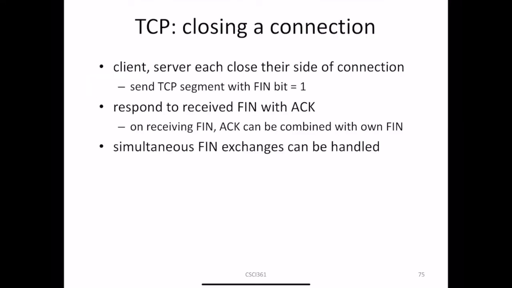Now we know how to initialize the connection with the handshake, and we also need to know how the TCP protocol closes a connection. The client and the server each close their side of a connection by sending a TCP segment with the FIN bit set to 1, and respond to a received FIN with an ACK.